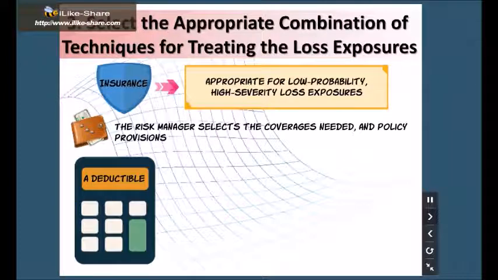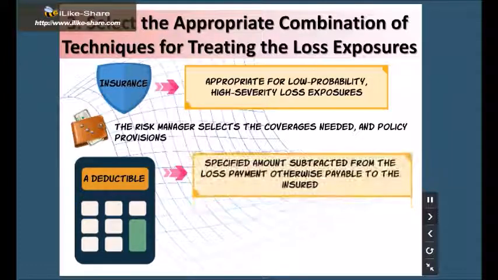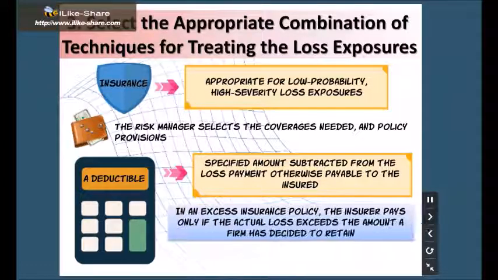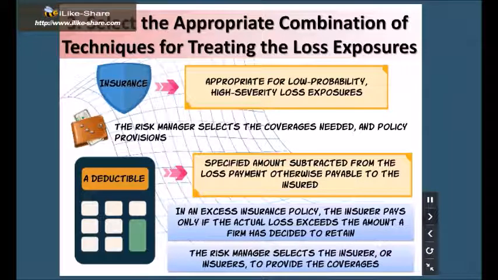A deductible is a specified amount subtracted from the loss payment otherwise payable to the insured. In an excess insurance policy, the insurer pays only if the actual loss exceeds the amount a firm has decided to retain. The risk manager selects the insurer, or insurers, to provide the coverages.